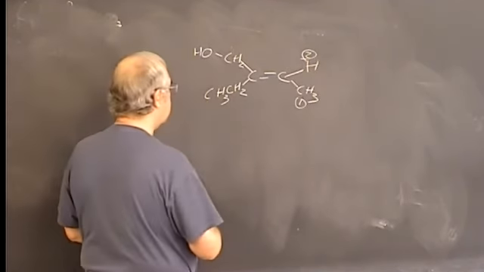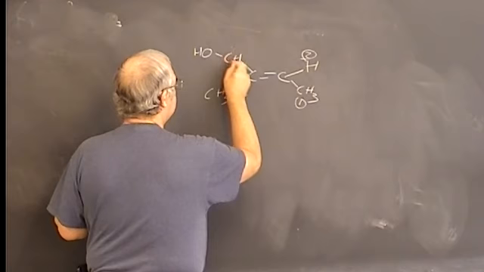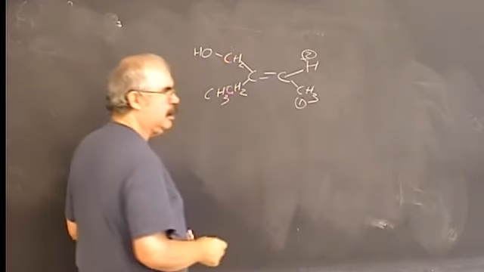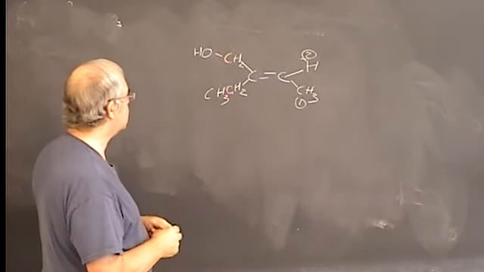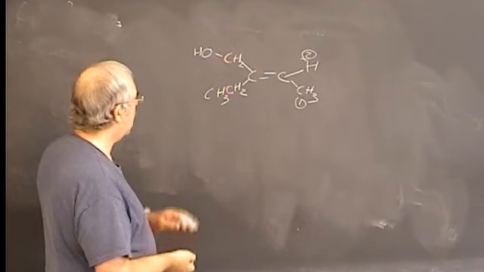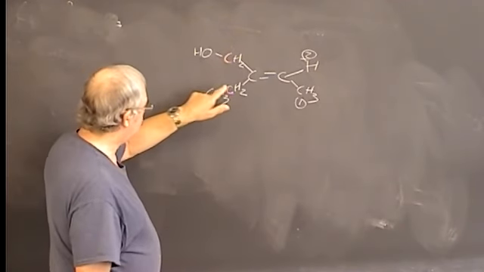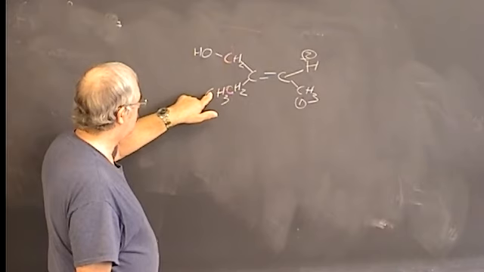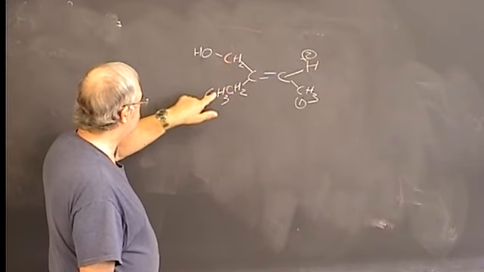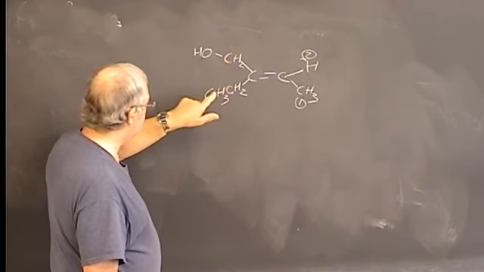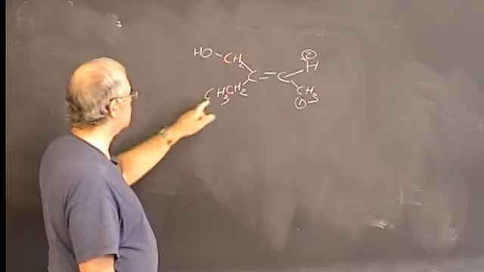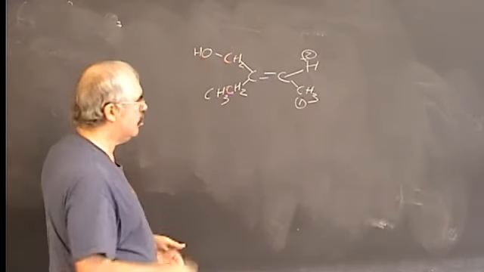Here we have carbon. Those are the same, but these are two different groups. So we compare the second atom, and it is carbon versus oxygen. Carbon's atomic number is 6, oxygen is number 8.